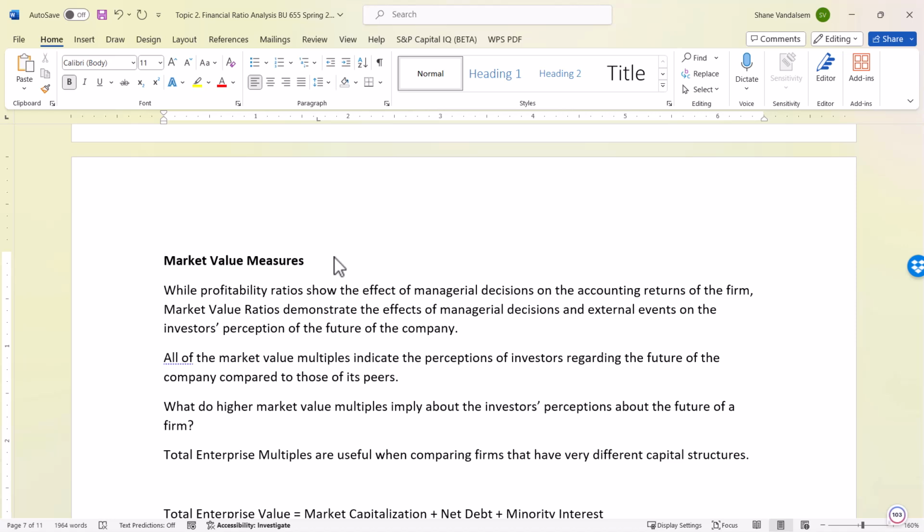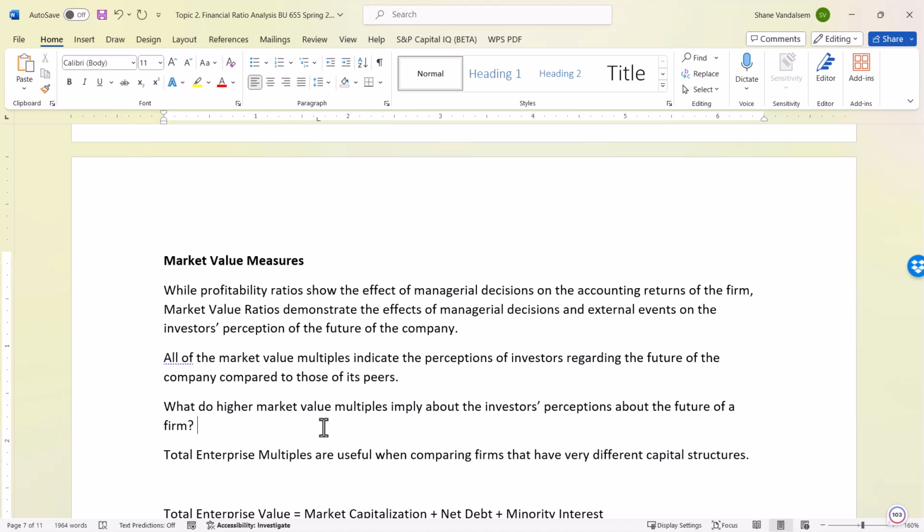All of the market value multiples indicate the perceptions of investors regarding the future value of the company compared to those of its peers. What do higher market value multiples imply about investors' perceptions about the future of a firm? Higher market value multiples imply that the investors' perceptions about the future of the company are good.